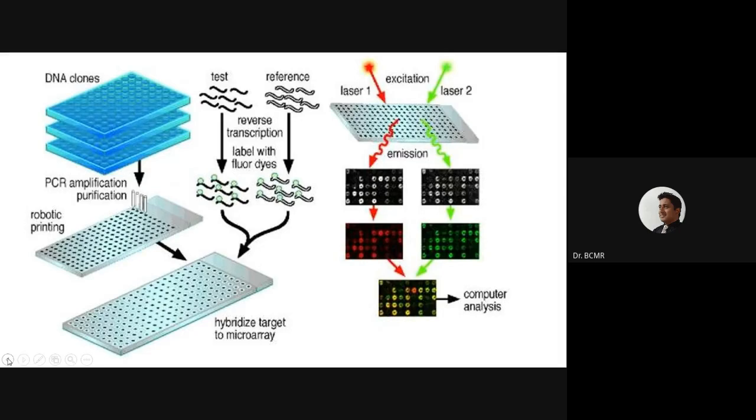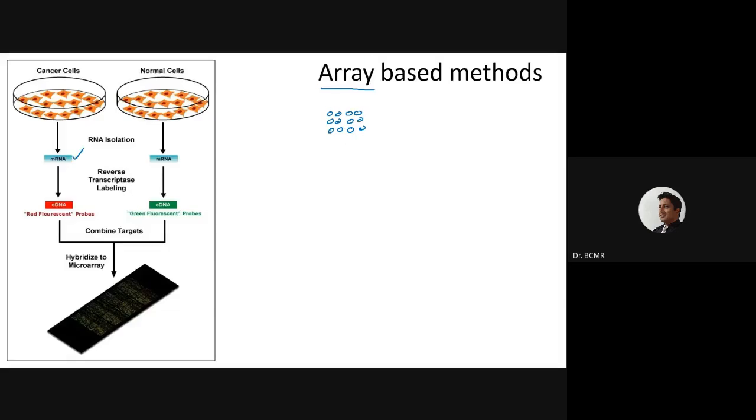There I used the word genomics, where the sample could be direct genomic DNA, fragmented and then used on a microarray. Here, because we are talking about transcriptomics, we would have taken the mRNA from two types of cells, converted it into cDNA with fluorescent dyes, and then we combine and add it to the chip.